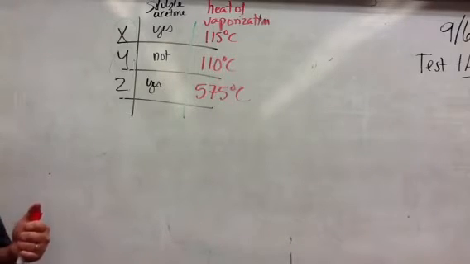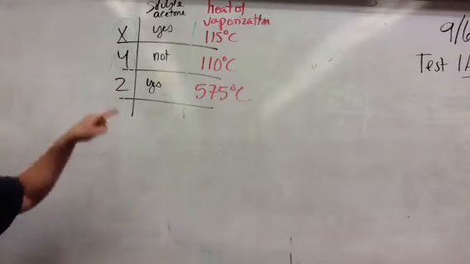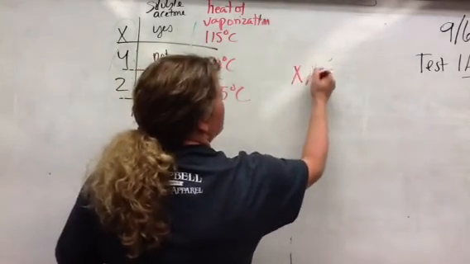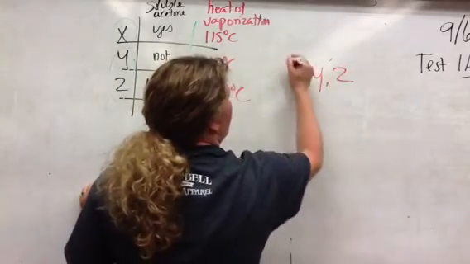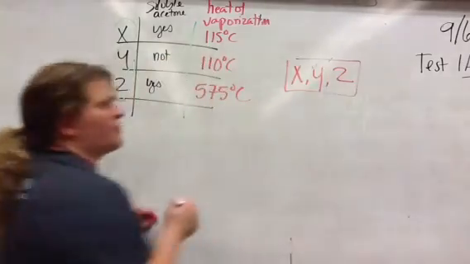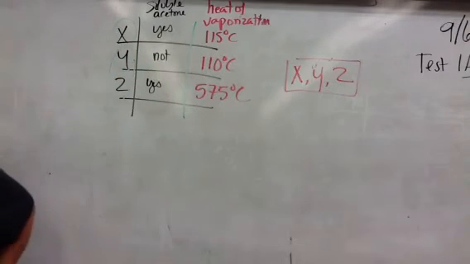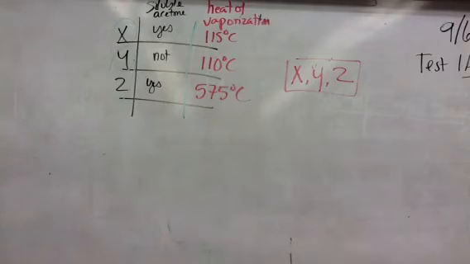Now let's think about something else. In this case, so if you are given X, Y, and Z in a mixture, you have two processes here that you can use to separate those three things. Which process do you want to use first?